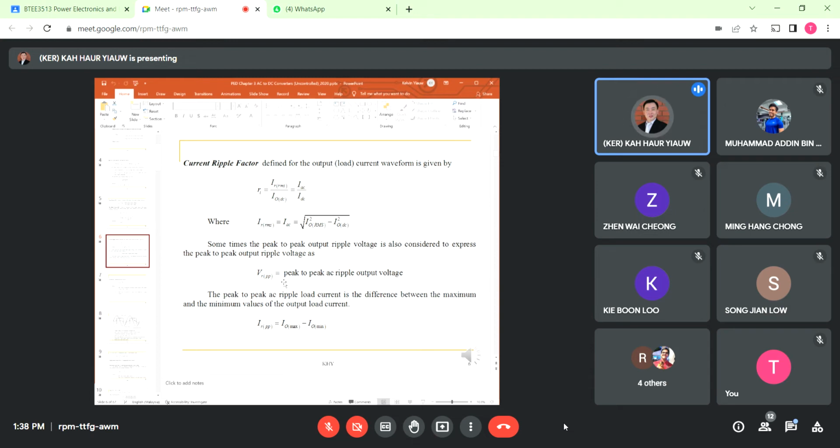Normally we also have a quantity called VPP, peak-to-peak, which I believe you have already seen. Then VRPP can be obtained with this formula: the output load current maximum value minus the minimum value gives the peak-to-peak value.